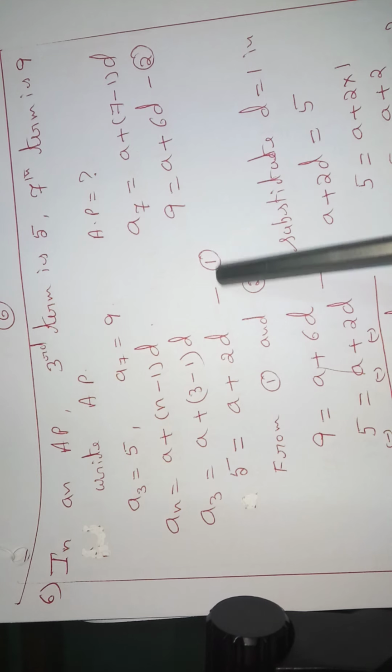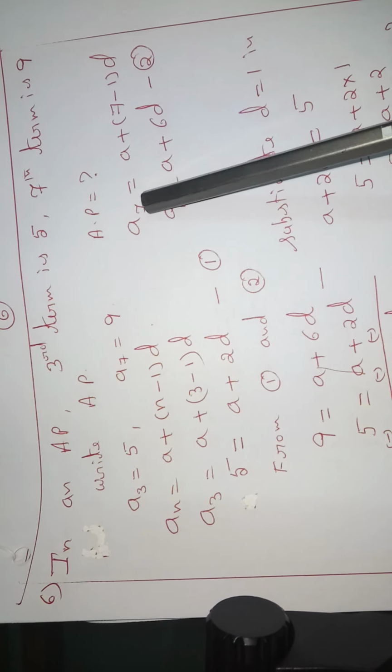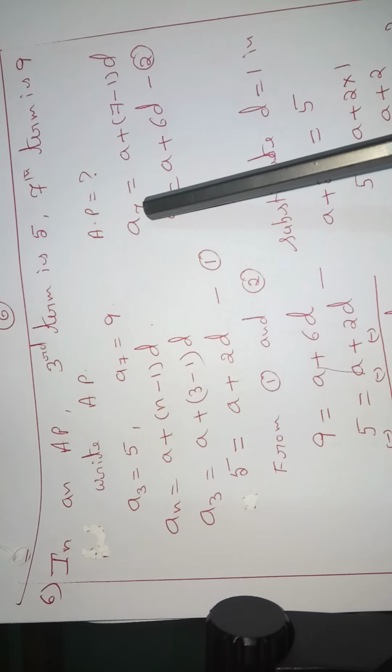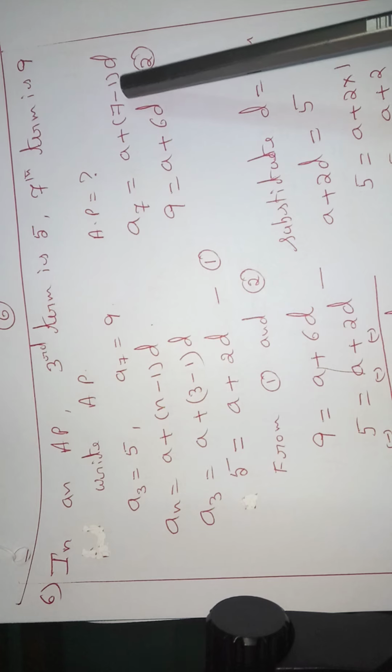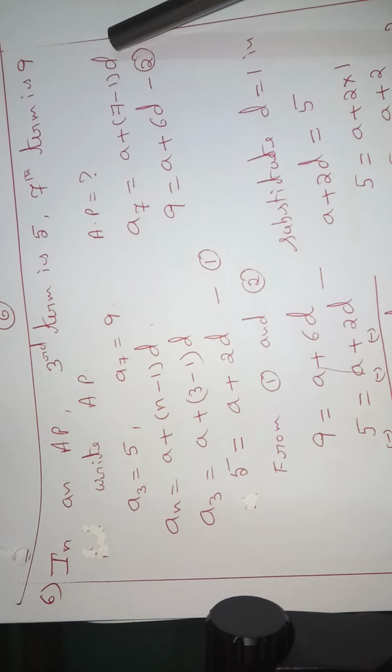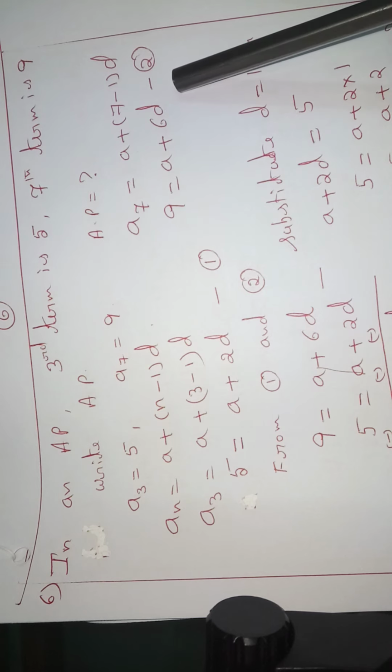Let it be equation 1. Same, get equation for A7. A7 is equal to A plus 7 minus 1 into D. 9 is equal to A plus 6D.